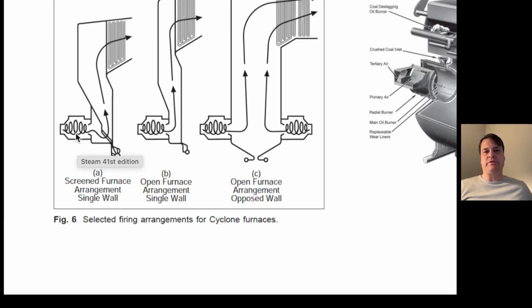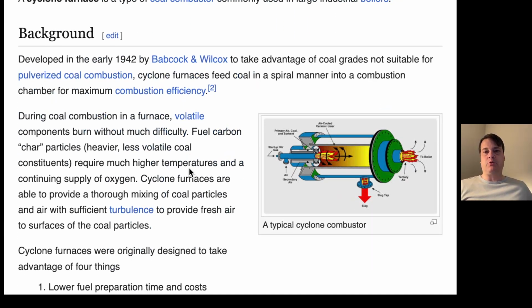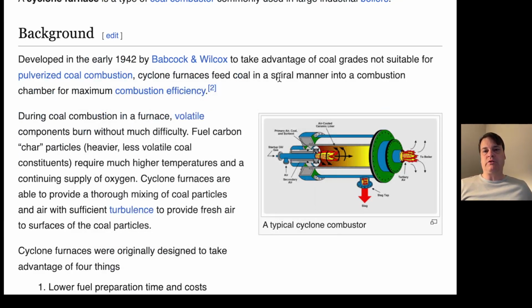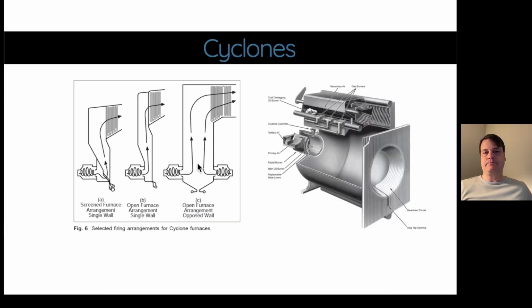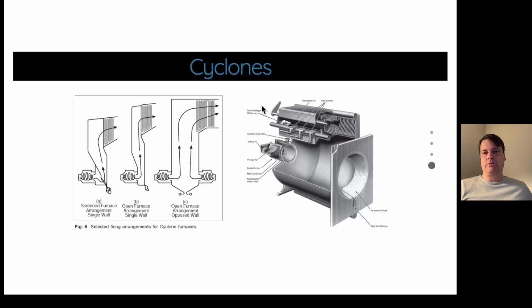They have a higher residence time, and then the gases are fed into the furnace. You can click the link here to see a little bit more about those. They take advantage of coal grades not suitable for pulverized coal combustion. Cyclones feed coal in a spiral manner into a combustion chamber for maximum combustion efficiency. So, some of the different types of coal burners and coal furnaces.